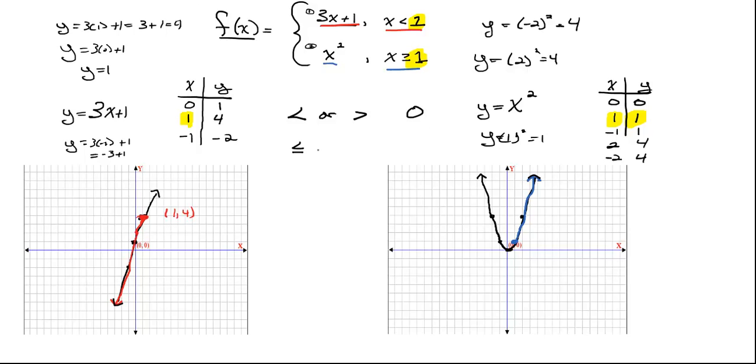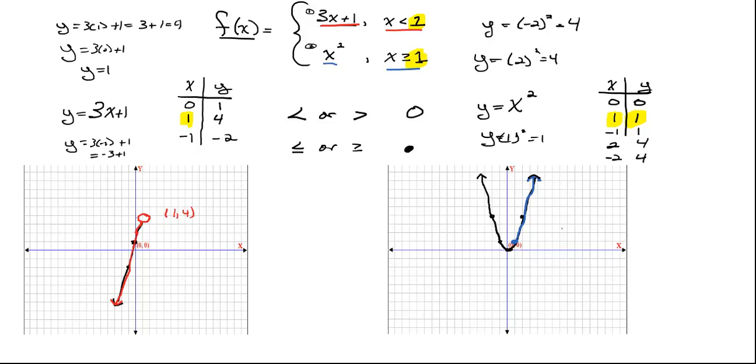If you have a less than or equal to or greater than or equal to, that implies you're going to have a closed circle. So over here, I'm actually going to have to correct this, and I'm going to have to denote this with an open circle at 1, 4, and I'm going to erase everything to the right because this only exists when x is less than 1.